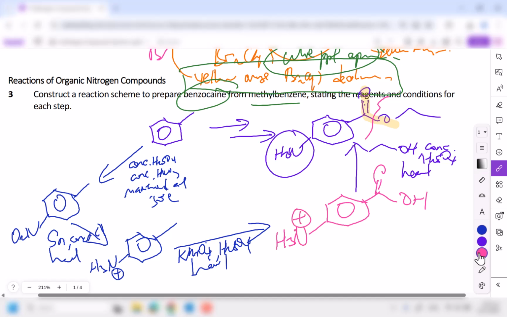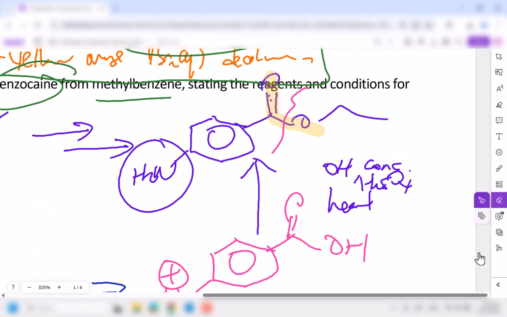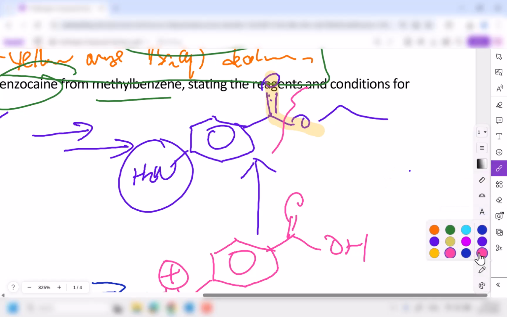Because it remains protonated, maybe the first thing that we probably need to do after we perform the esterification is to get rid of the protons on the NH2. So I'm just going to modify this a little bit. I'm going to erase this. What I'm going to write here, I'll write in orange.